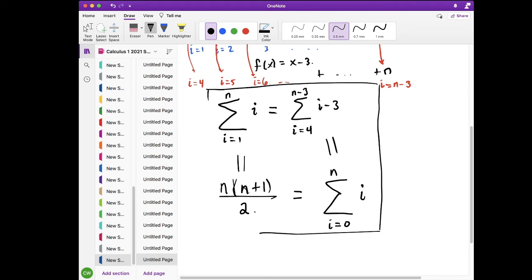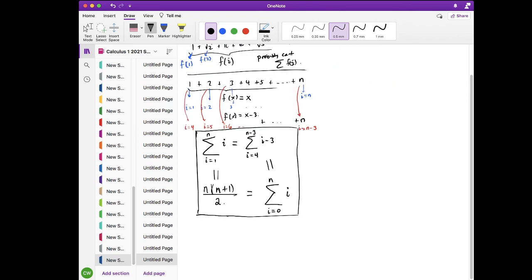Yeah, you just plug in 0 and you get 0. So who cares? Just be aware that sometimes starting from 0, nothing happens, because it's just equal to 0. So if anything's equal to 0, you could just ignore it. You can add it to the sum. Yeah, so let's do some examples.